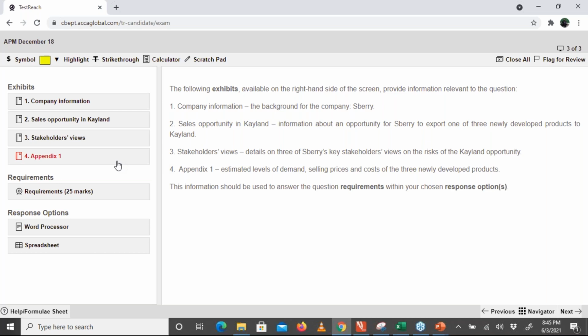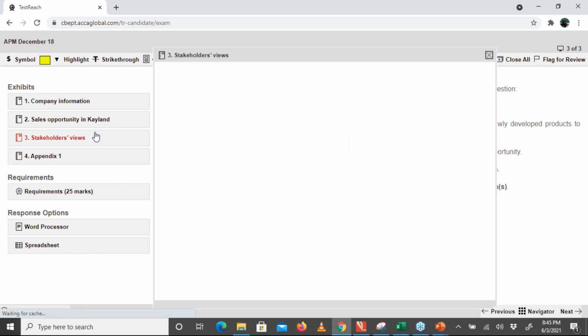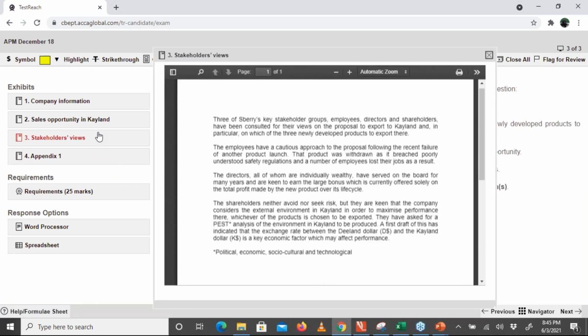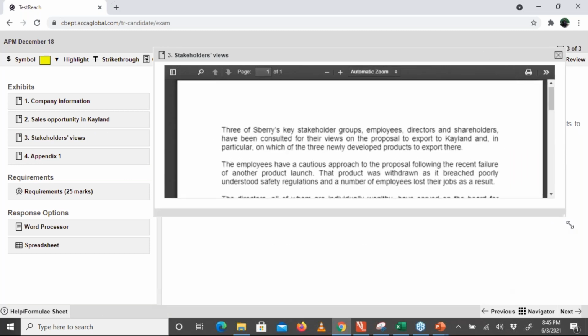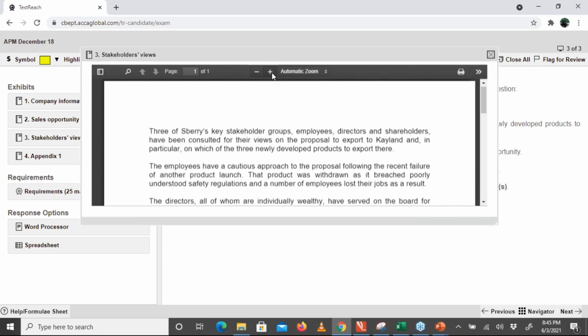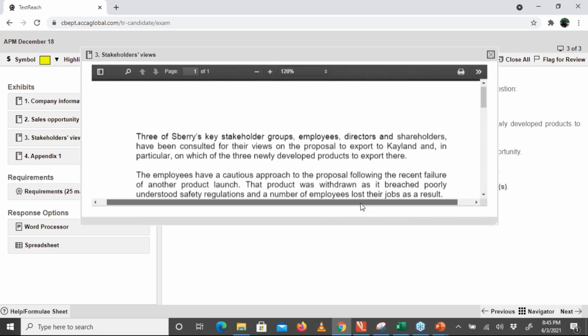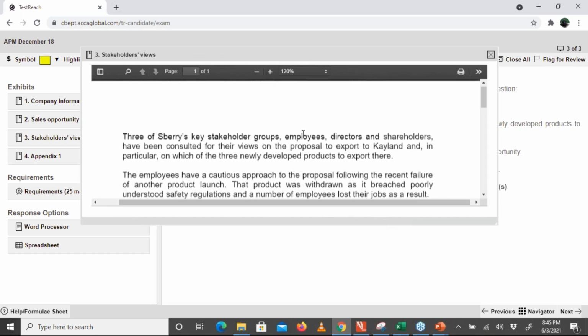Now, what next is there? Let's move a bit forward and let's discuss further. The next situation is it says stakeholder views. The three of the Asbury's key stakeholder groups, employees, directors, and shareholders, have been consulted for their views on the proposal to export to K-Land, and in particular on each of the three newly developed products to be exported there.